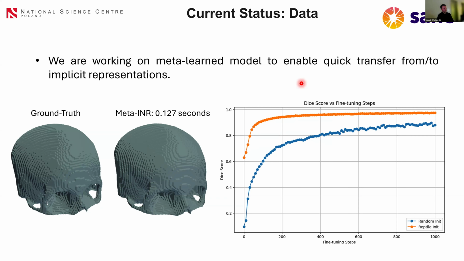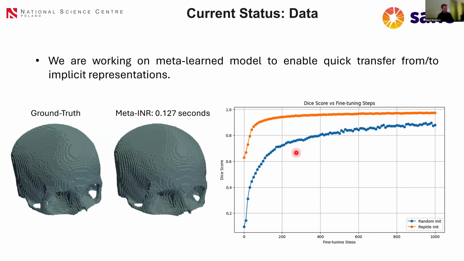We are proposing a meta-learned foundation model that will be able to quickly adapt to every single shape separately. We have explored several different meta-learning schemes, for example, Reptile. And we have shown that it is possible to use meta-learning to dramatically increase the speed of memorizing shapes using implicit neural fields.